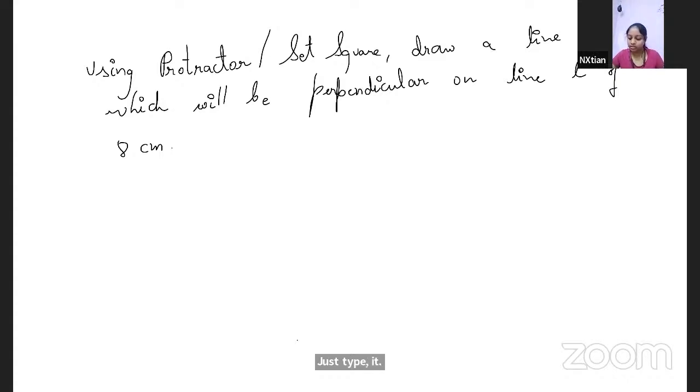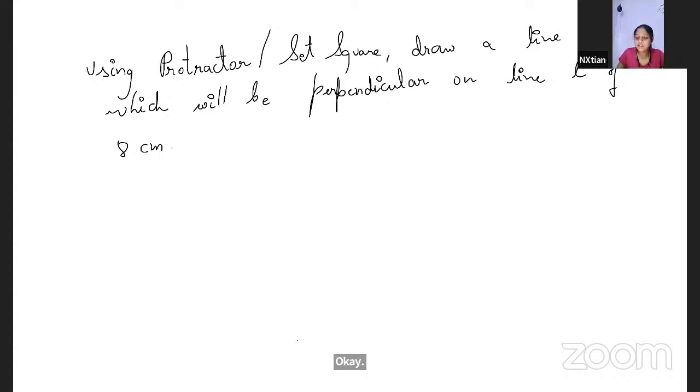Yes, Simran, what were you saying? Why did you mark me wrong for the question where you had to draw rays and all? I didn't understand what I did wrong there. Okay, I will show that to you.